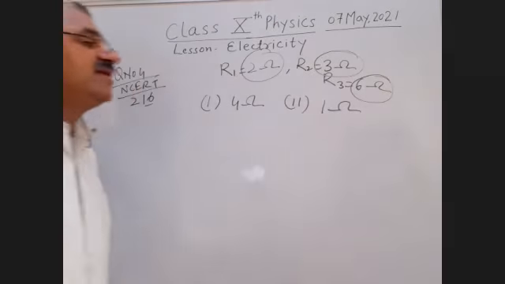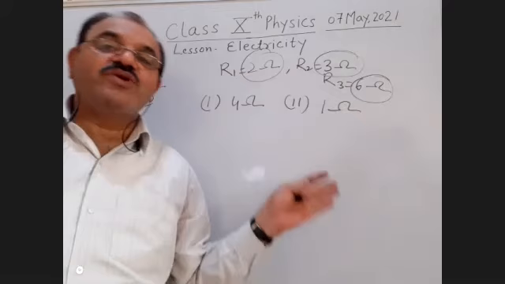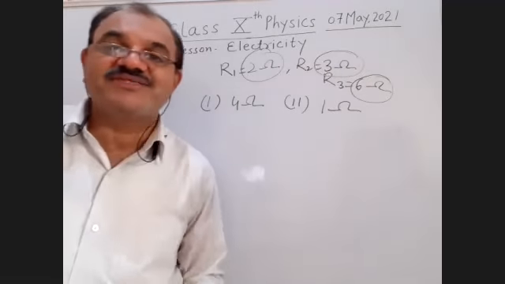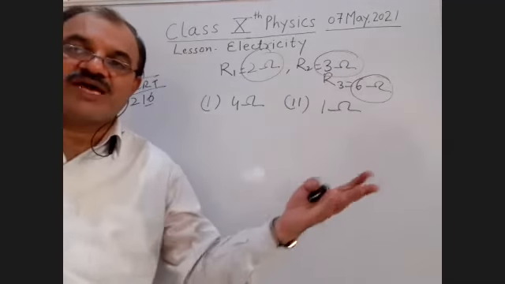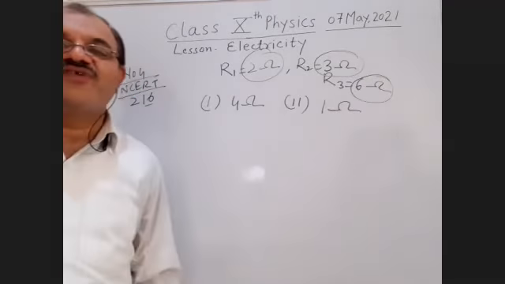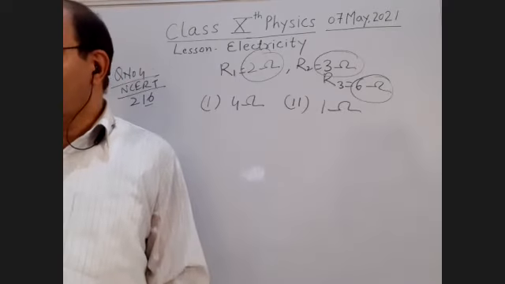Now, students, it is not clarified how these resistances are connected. We only have to justify the answers: how these 3 resistances, 2 ohm, 3 ohm, and 6 ohm, can be connected so that we get the net resistance of 4 ohm and 1 ohm. This is question 4.